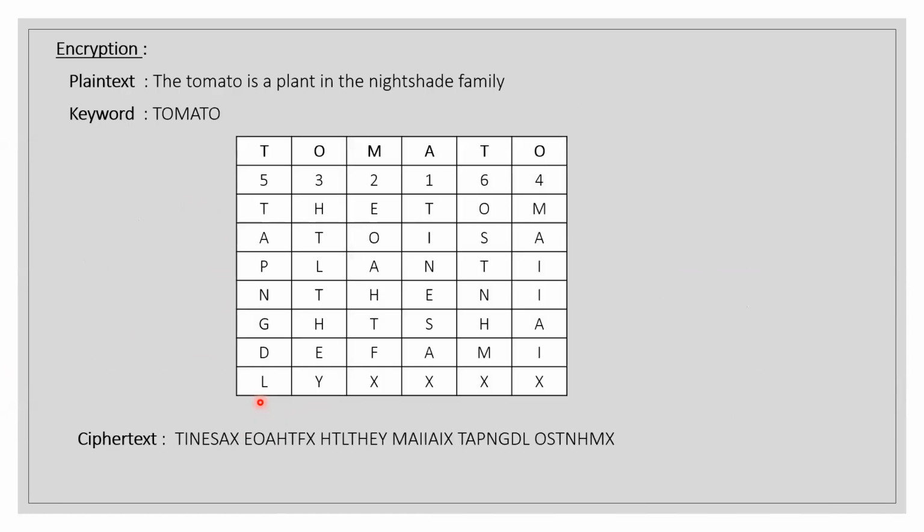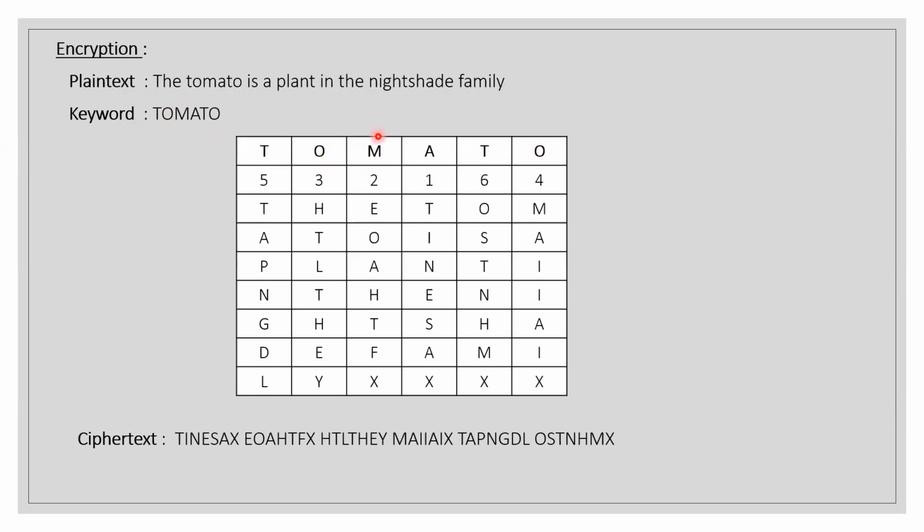So for example, here I've taken the plain text, "The tomato is a plant in the nightshade family," and the keyword is tomato. The keyword is written on the top, and then we assign a number to these letters alphabetically. A appears first, so it is assigned the number 1, then M, so 2. Now in this keyword, O appears twice.